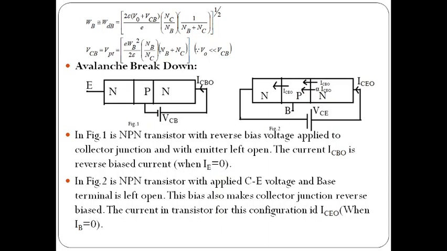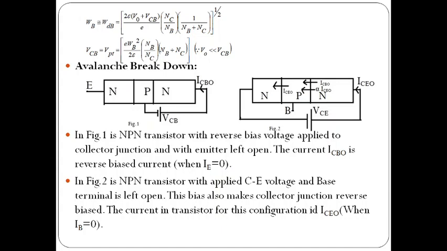This bias also makes the collector junction reverse biased. Here also we are applying VCE, the positive terminal of the battery is connected to the N-type collector, and the negative terminal of the battery is connected to the N-type emitter. So now it is also in reverse bias.